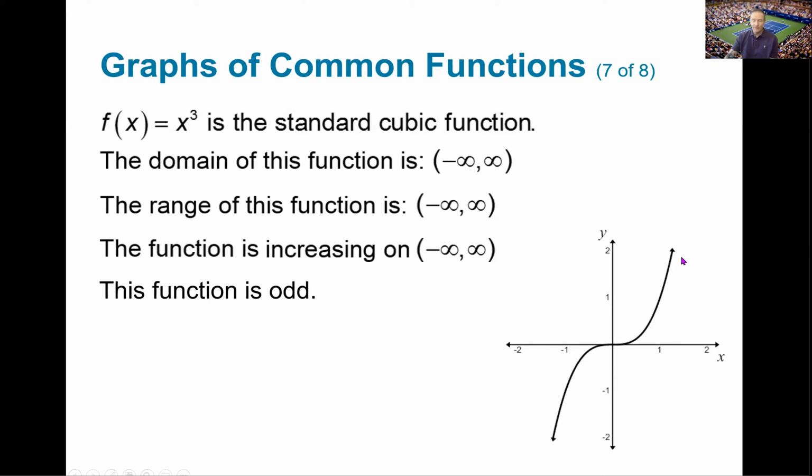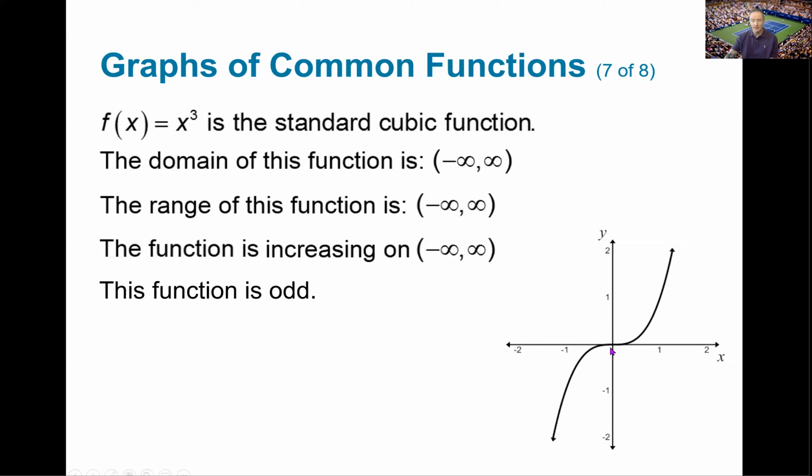So points I usually use here to define these, instead of the ordered pair 1, 1, usually I use 2, 8 and -2, -8 in order to plot out a couple of points.